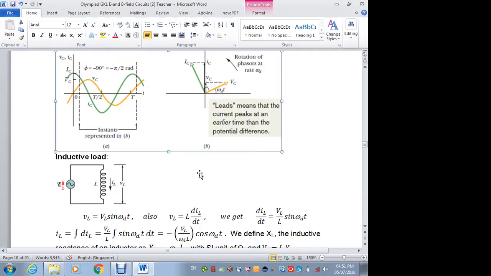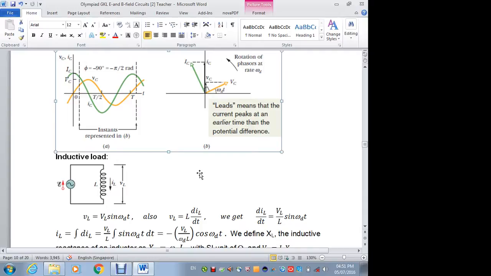We want to find this angle. So VL is V sine omega t, and VL will be L di dt. This is from definition, because the voltage across the inductor is L di dt. So by Kirchhoff's second law, the loop rule, VL must be L di dt.